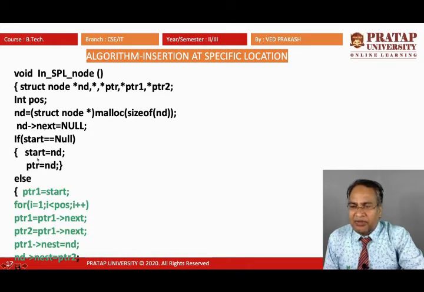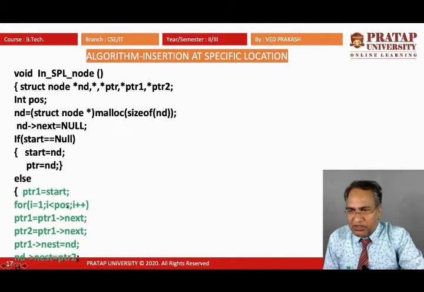In this case we set start equals new created node and we set PTR with the new created node. If our linked list is not empty, in such cases we first set pointer PTR with the start pointer, and then we apply a process of reaching the position where we have to insert the element.